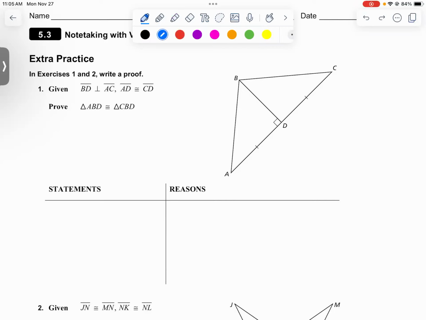Okay, so where do we always start? Given. All right, so our given is that BD is perpendicular to AC and AD is congruent to CD. And I'm just going to make a little note.